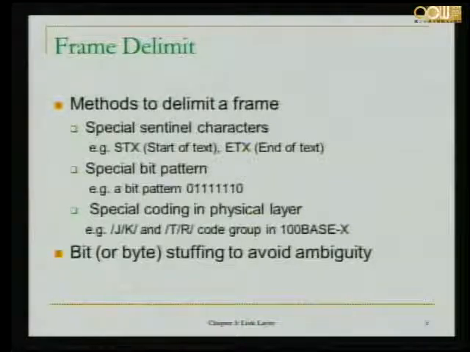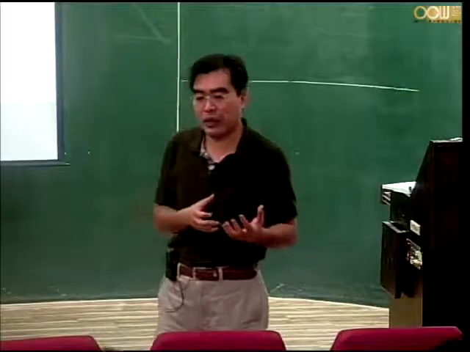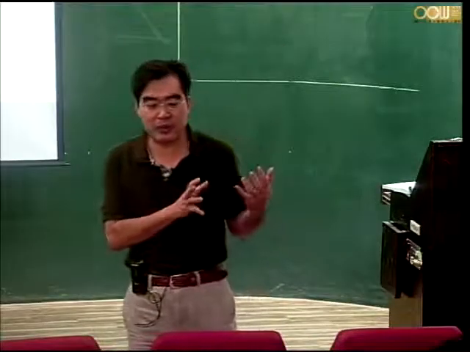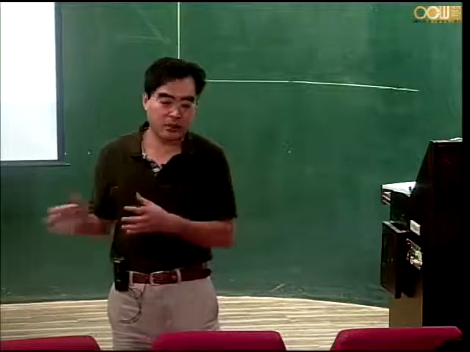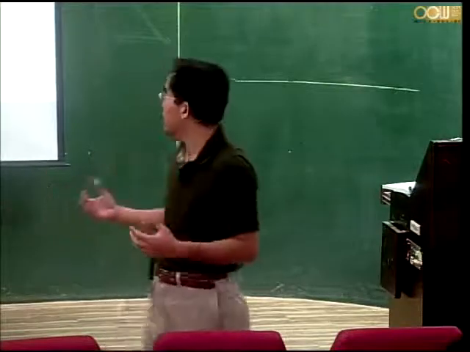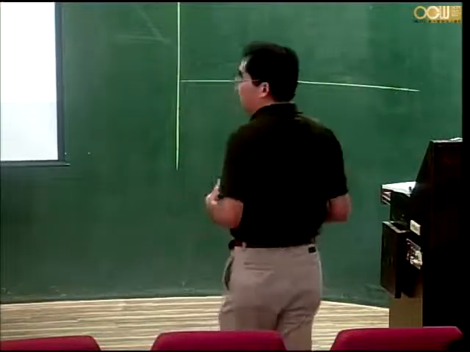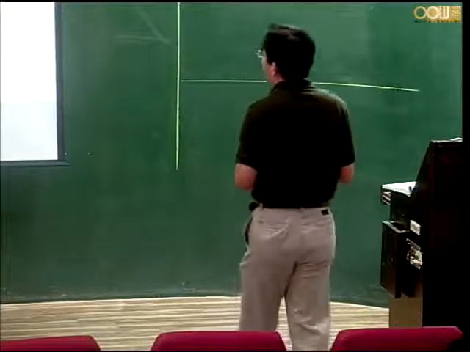For the third method, you rely on the physical layer to do the job, not the link layer, by special coding, sometimes called invalid coding. If you have a coding that is invalid in the data, it wouldn't happen in the data, and it can be used to signal the start and end of a frame.